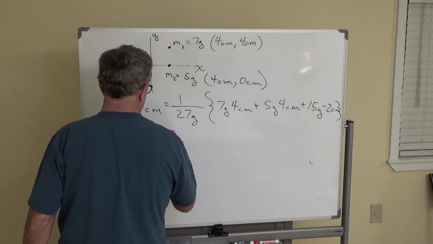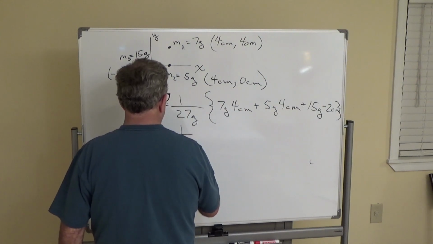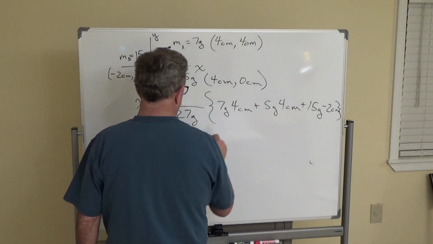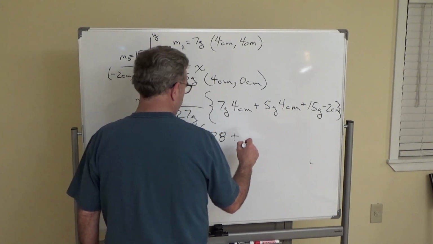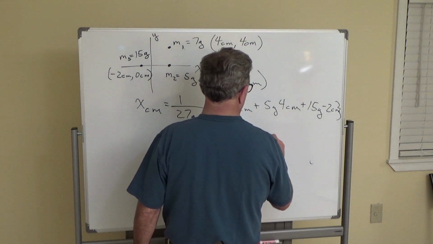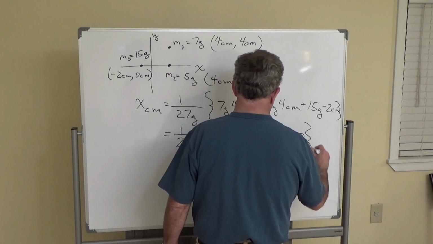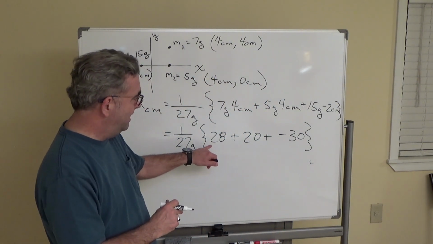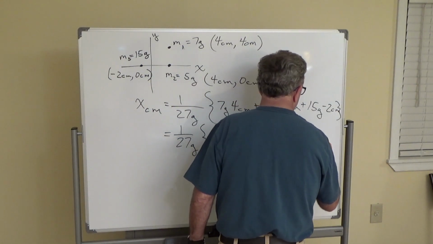Do the calculation. Well, let's see, what do we got? 1 over 27 grams, and this is 28 plus 20 plus a -30. So I think that comes out to be 18. This is in gram centimeters.